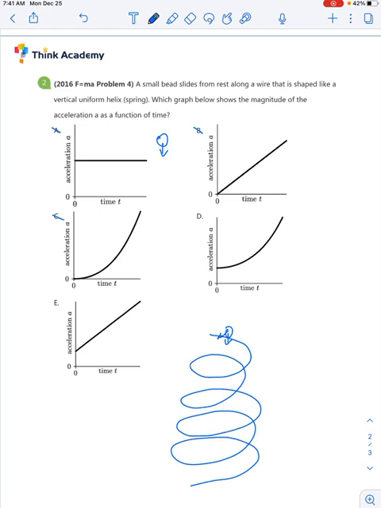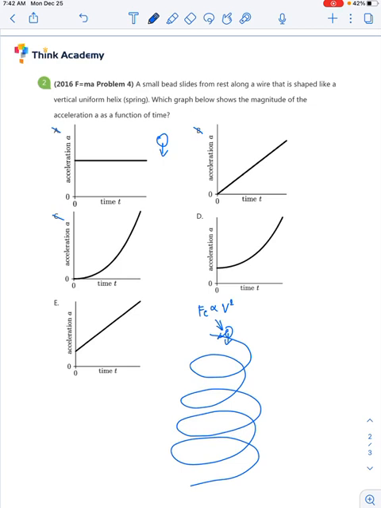But to solve this problem, you also need to know the centripetal force. Over here, this is proportional to the square of the velocity. So if you know this fact, you can see that as the bead slides from rest along a wire here, it's undergoing accelerating motion.